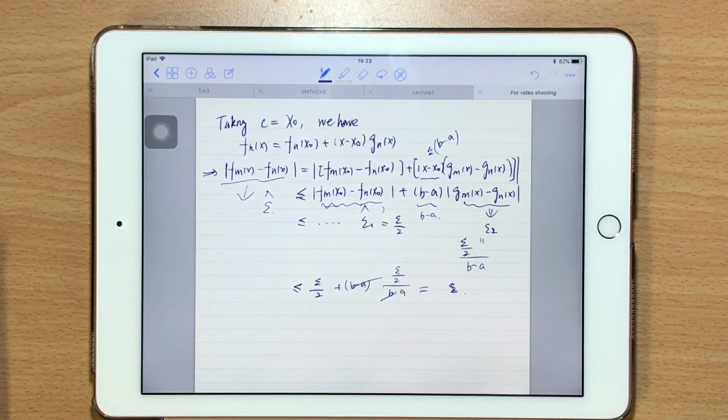So we show that the sequence of functions f_n is uniformly convergent on the set A by the Cauchy Criterion. We use the Cauchy Criterion twice in this proof. So I think this is what I want to show you in this video, and I will see you in the next one.